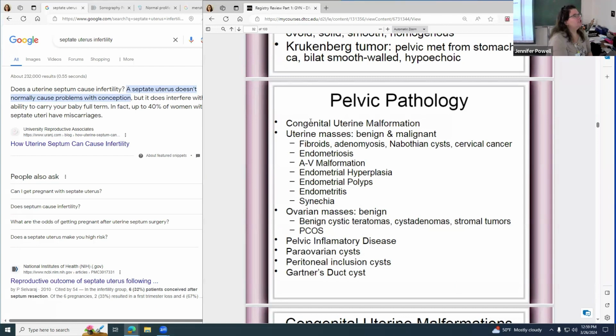this pelvic pathology can include these congenital uterine malformations, uterine masses, which can be malignant or benign, fibroids, adenomyosis. Who remembers adenomyosis? It's a type of endometriosis, but it is limited to the myometrium. So it is basically endometrial tissue within the myometrium.